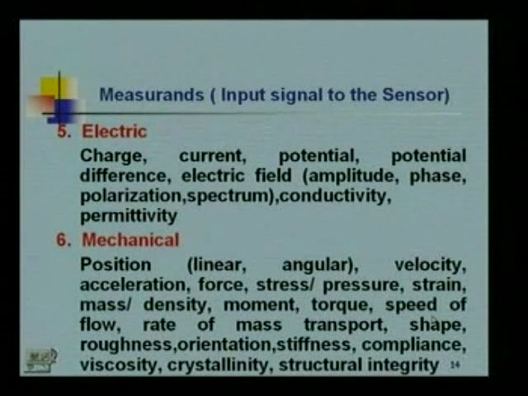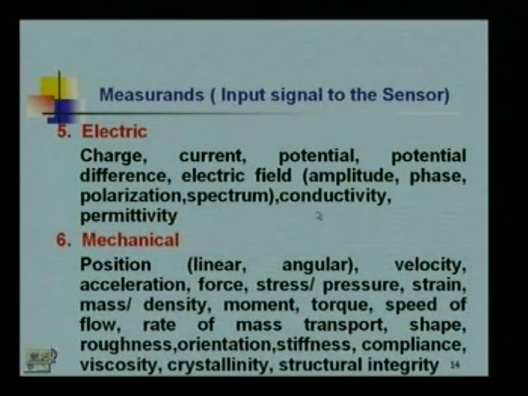Now the other one is electric. Electric means there are a lot of measurements in electrical energy. Those measurements are charge, current, potential, potential difference, electric field means its amplitude, phase, polarization, spectrum. Spectrum means here frequency is also there. Then conductivity, permittivity.